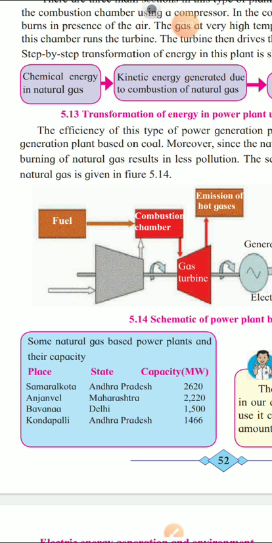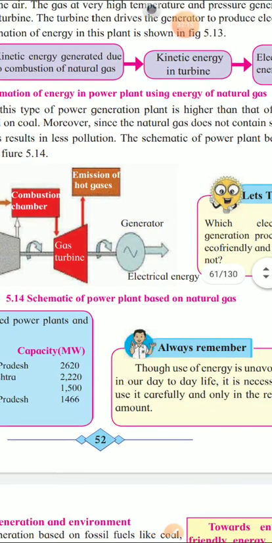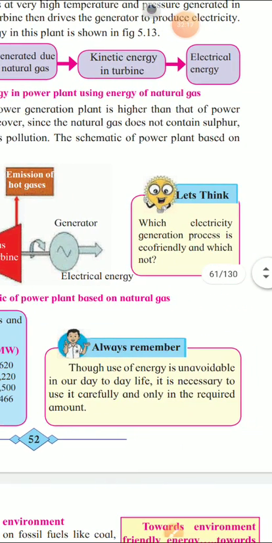So the use of energy is unavoidable, but in our day to day life, it is necessary that we use it carefully and only in the required amount. Why? Because you can see the example of this nowadays, this corona pandemic, that all are suffering. Even so many industries are closed, so many factories are closed, so many persons are jobless.